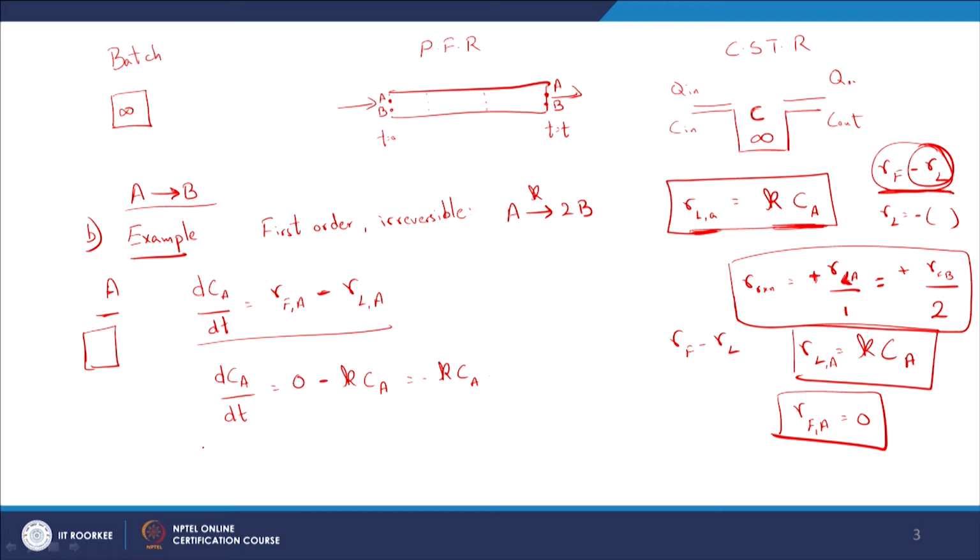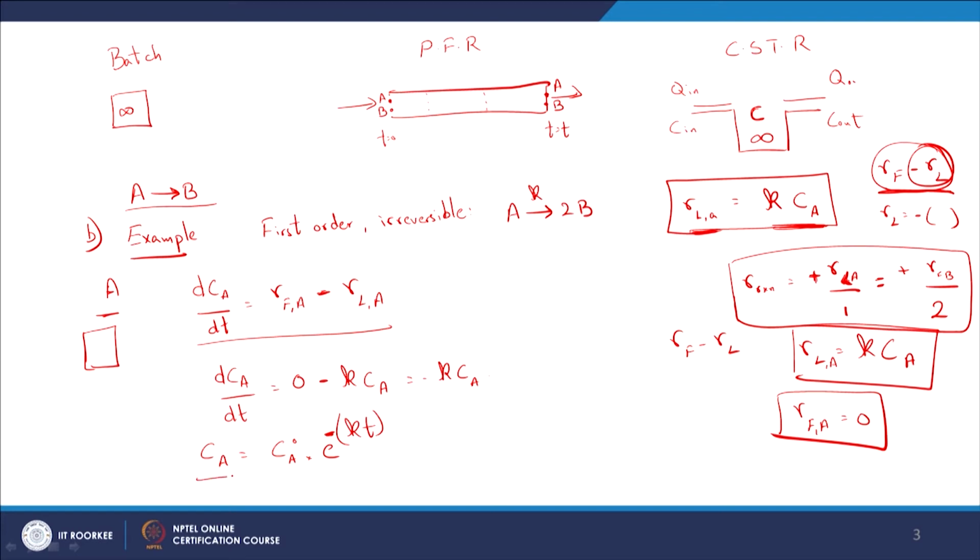So you end up with CA equal to CA naught into e power minus kT, right. I believe obviously this is similar to what we solved when we looked at A goes to B, right. That does not come up in the picture here, not yet anyway, and we will see why.